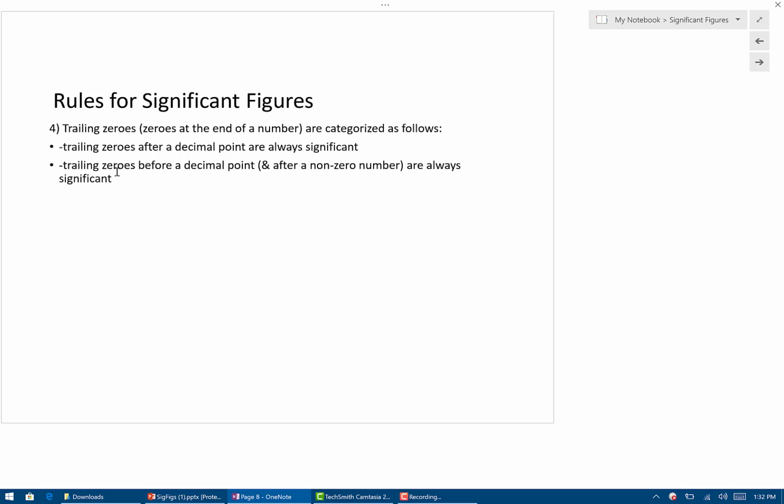So if you had something like this, these two zeros, they come after these numbers, after non-zeros, and they're before a decimal point. Plus we have this one that goes with our first sub rule. So here we have 1, 2, 3, 4, 5 significant figures with this number.